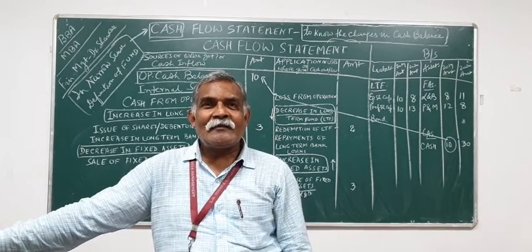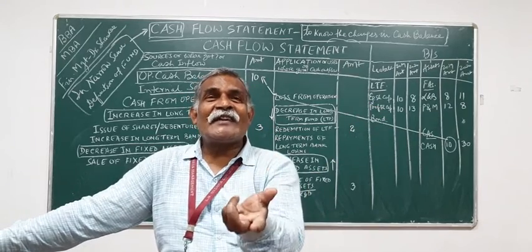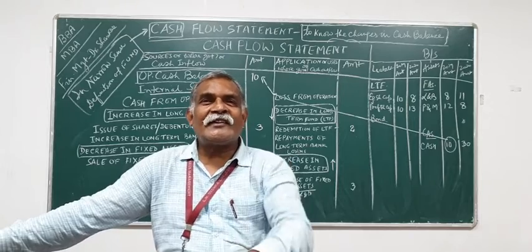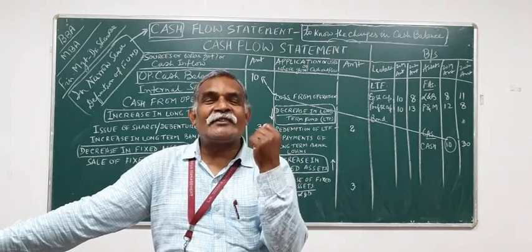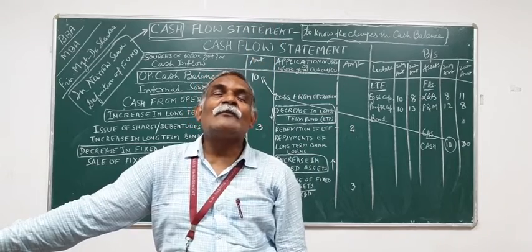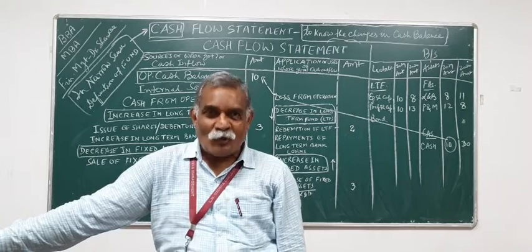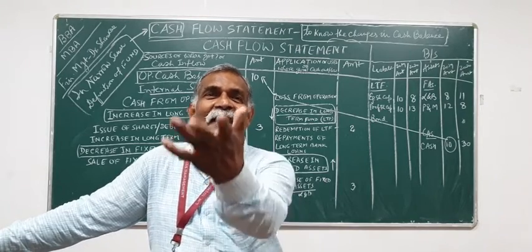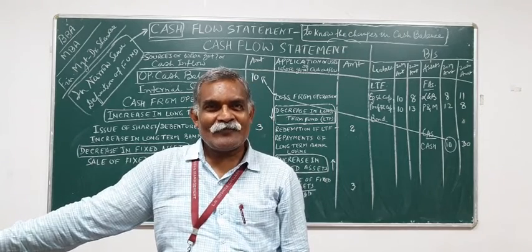Why? Because in this situation the amount of fixed assets is decreasing, and fixed assets decreasing means there is sale of fixed assets, and sale of fixed assets means it becomes a source because cash comes in. You got the cash by sale of fixed assets, by sale of plant and machinery.